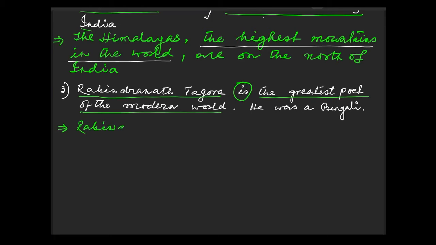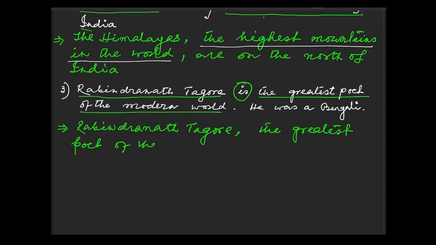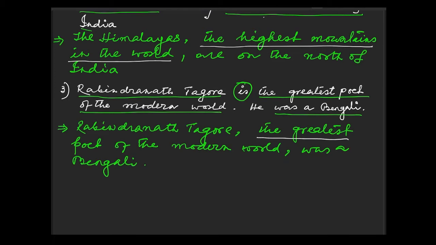Rabindranath Tagore, comma, the greatest poet of the modern world. Now take this part, was a Bengali. So the greatest poet of the modern world, this is noun in apposition.